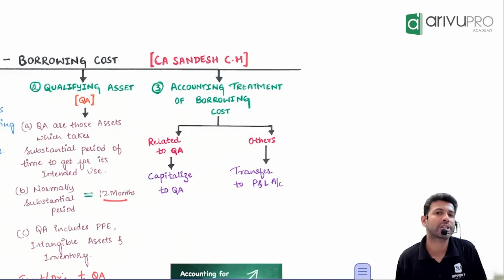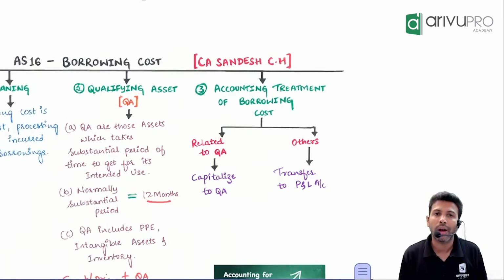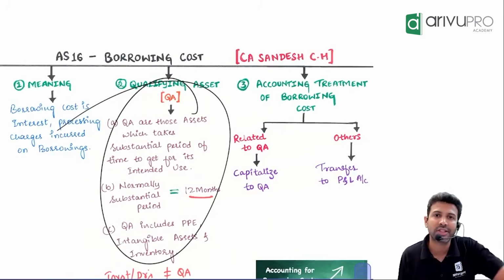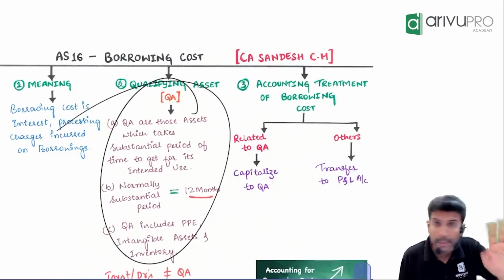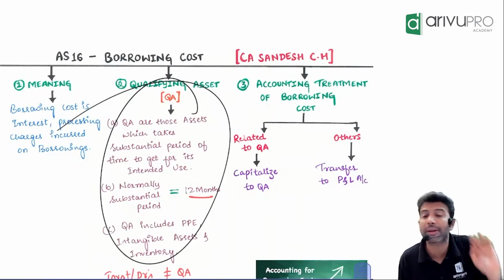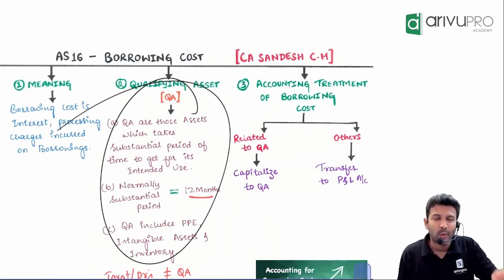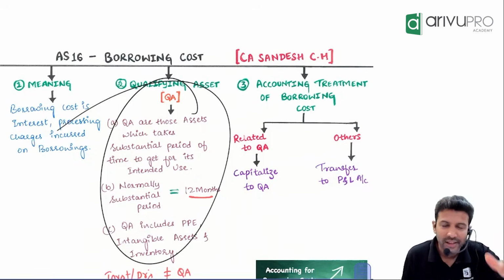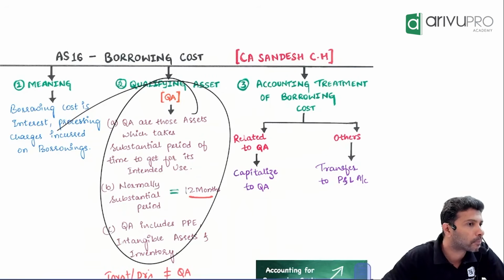Now the next question will arise: what is a qualifying asset? A qualifying asset simply means those assets which take a substantial period of time to get ready. They are not immediately ready, they will take some time to get ready. Like when you are constructing a building, will it be immediately ready or will it take some time?